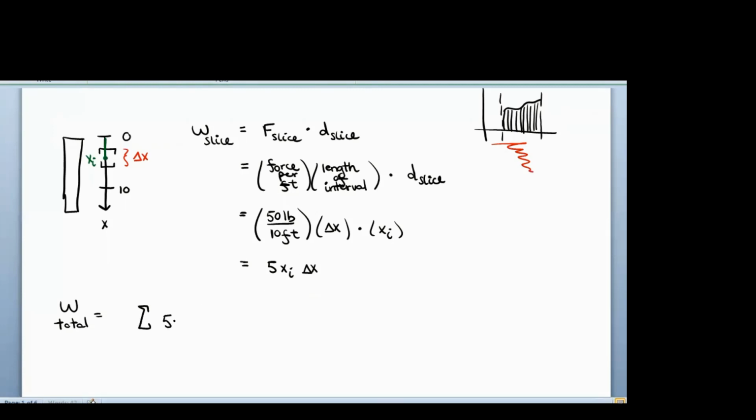So I'll put the sum of 5 xi delta x, and let's just say we have n slices. But then we want our slices to be really, really small, in fact as small as they can possibly be so that we get the perfect total of work. And so I'm going to take the limit as n approaches infinity, which is just going to let our slices shrink smaller and smaller.